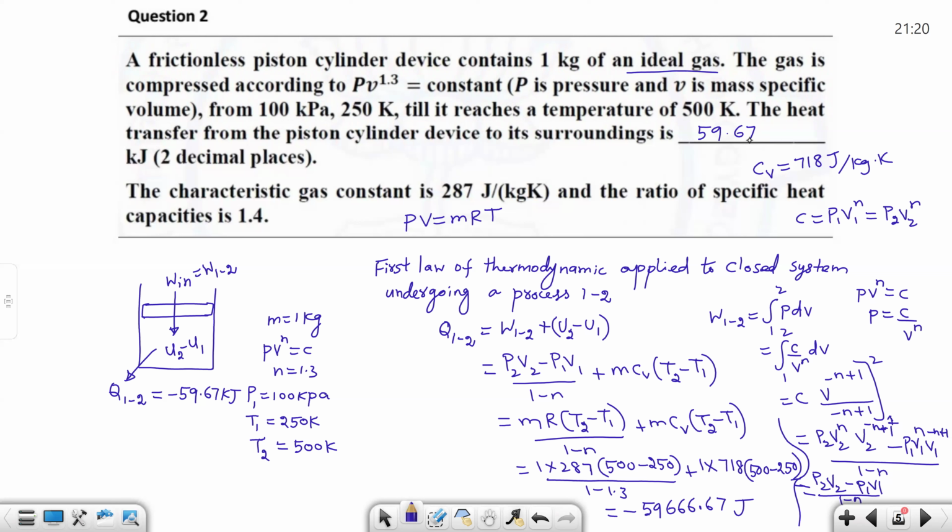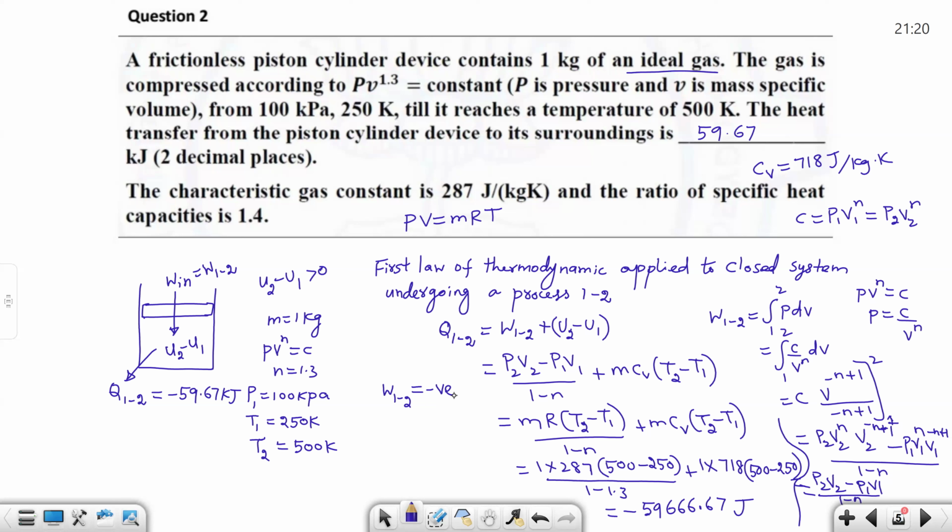Now, if you look at that, the internal energy change is positive. So you can see 718 into 250 internal energy change. So your change in internal energy is greater than 0. So work is going into the system and work output will be negative. So W1 to 2, you will get a negative value from the equation P2 V2 minus P1 V1 by 1 minus n.